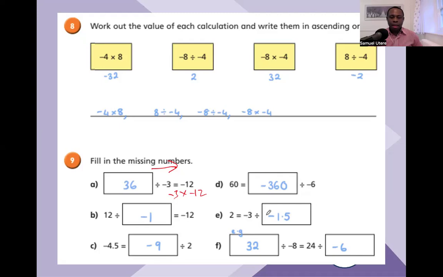Then here we are going to have -1.5 to be able to get 2. Well, another way of thinking about it is to do the inverse operation, which is -3 divided by 2. Here, we can do the same thing, the inverse operation, which is -4.5 times 2. That will give us -9, and so on and so forth.